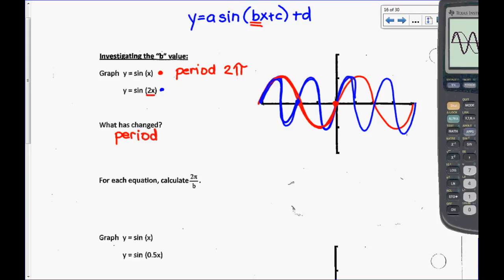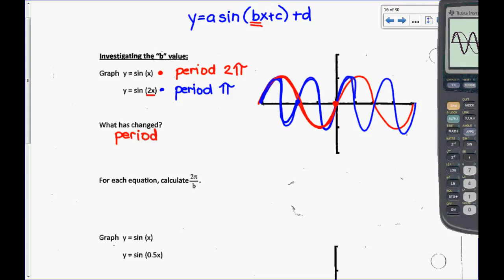That's half of 2 pi, which is pi, right? This period is half the size. It takes half the distance to do one full period of this function.